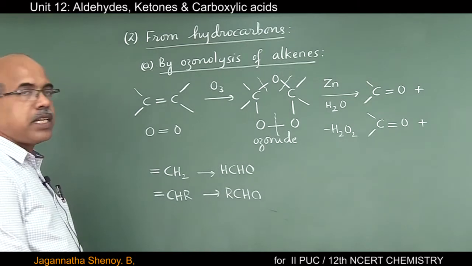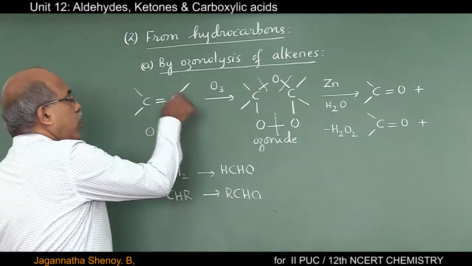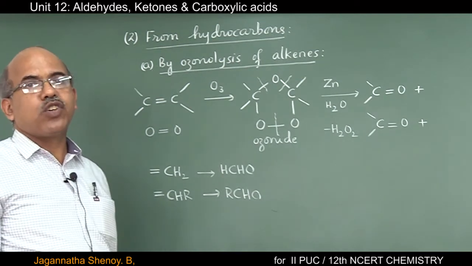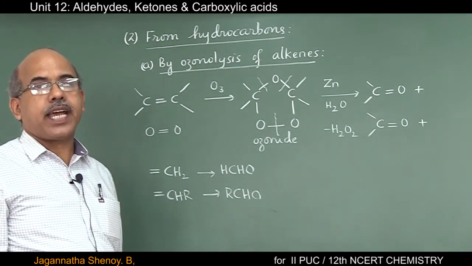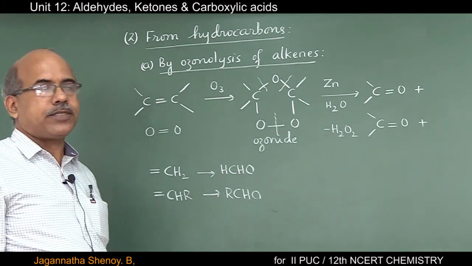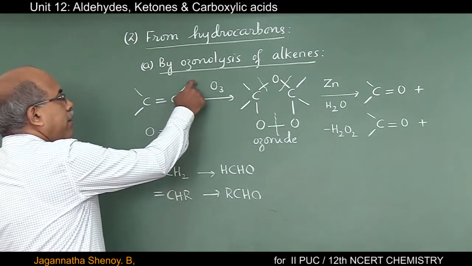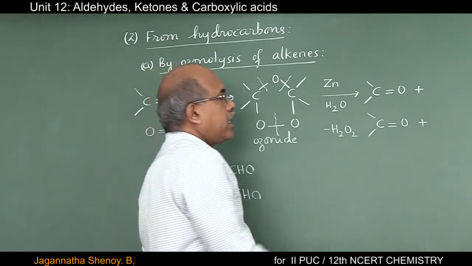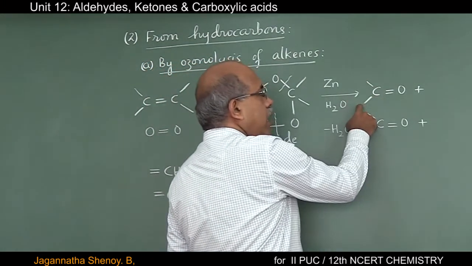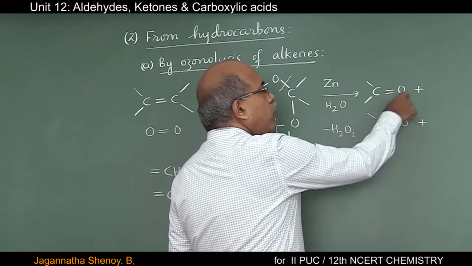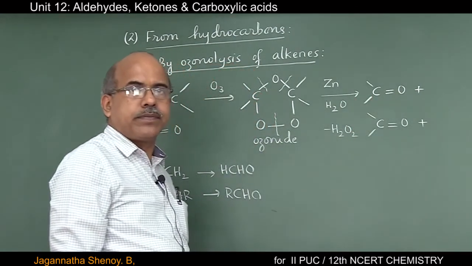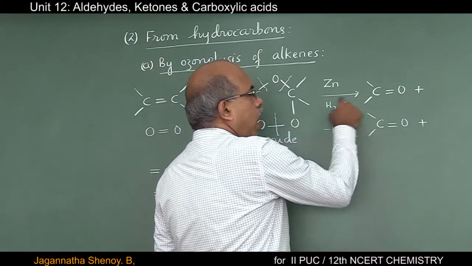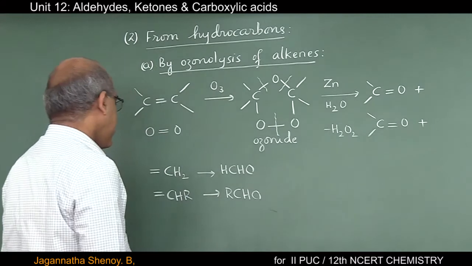What is the last possibility? These two bonds, if at all, are satisfied by two different groups, which I am going to represent as R and R dash. Imagine here I will have R, here I will have R dash. So what is the product you will get? Here you will have R, here you will have R dash. So the compound you are going to get will be a ketone, because the compound will be RC double bond O R dash, which is nothing but a ketone.